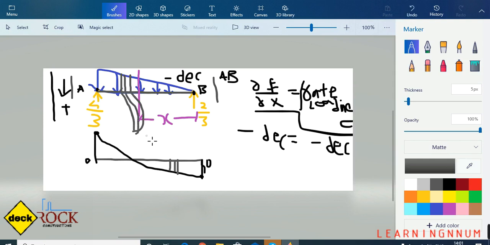Negatively varying, negatively decreasing shear force. And negatively decreasing slope of shear force, right? Yes, sir. So this is how you have to select the curve, based on the rate of loading.